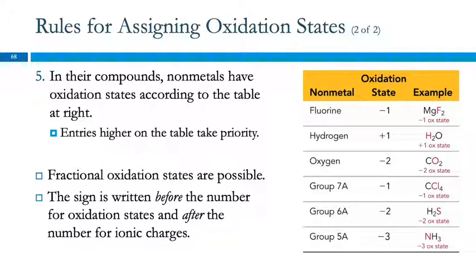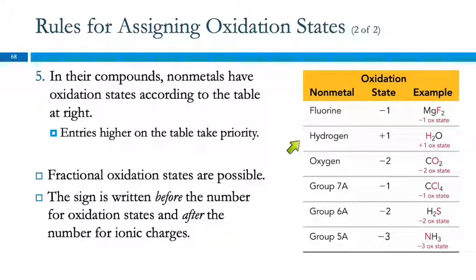Now, they don't always get what they want, but that's what they want, okay? So then this list tells us who gets to pick first. So we go through the nonmetals we're trying to assign oxidation states to, and fluorine gets first choice. So fluorine's always going to choose -1.